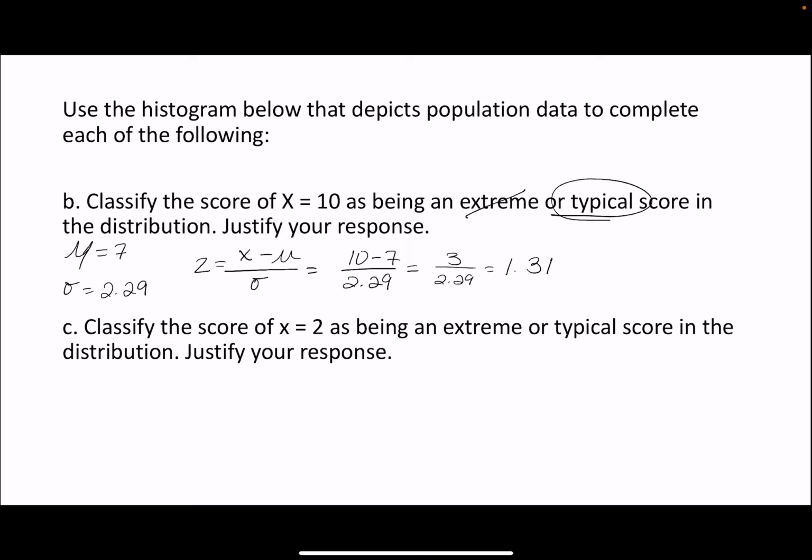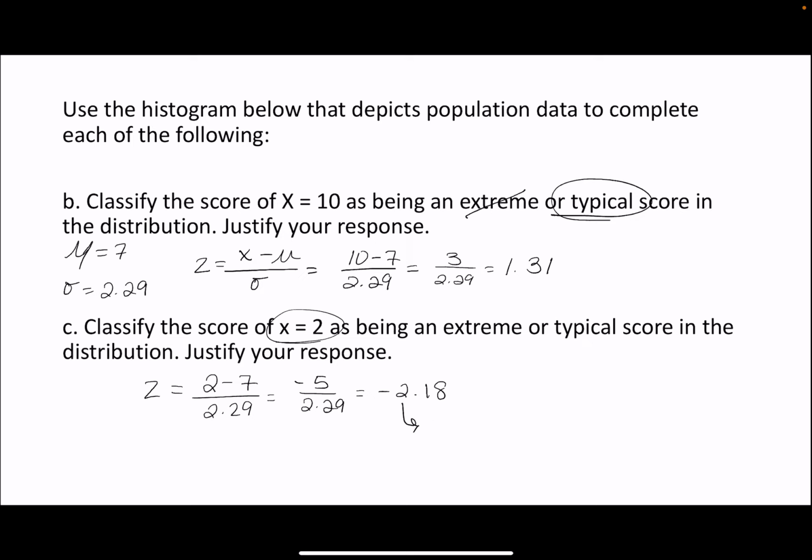So let's do the same thing for this one. We're going to do it with 2. So again, we're still using those same values. So we're going to do our z-score here, and it's going to be 2 minus 7 over 2.29. So 2 minus 7 is going to give us negative 5 over 2.29. So if we divide that by 2.29, we get negative 2.18.